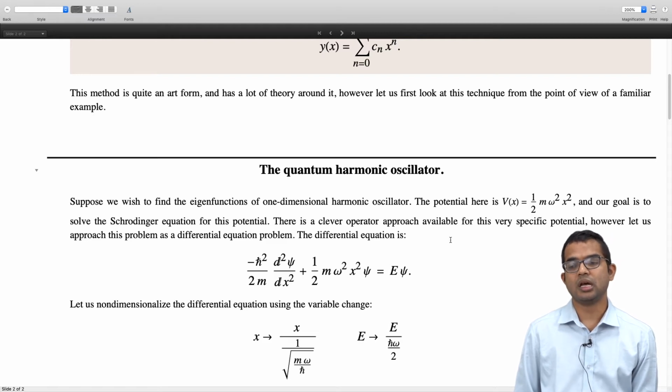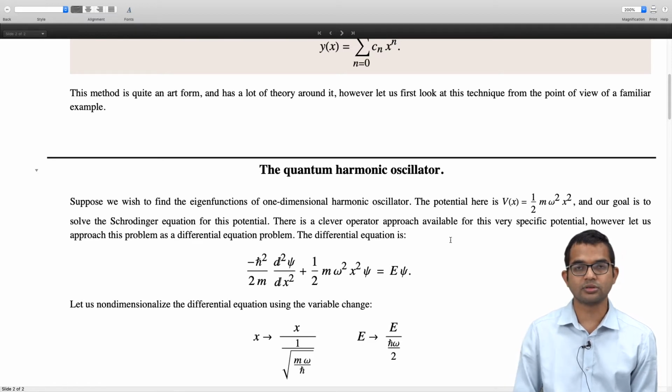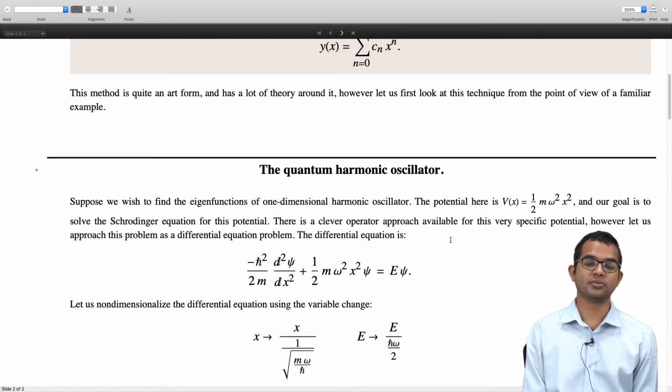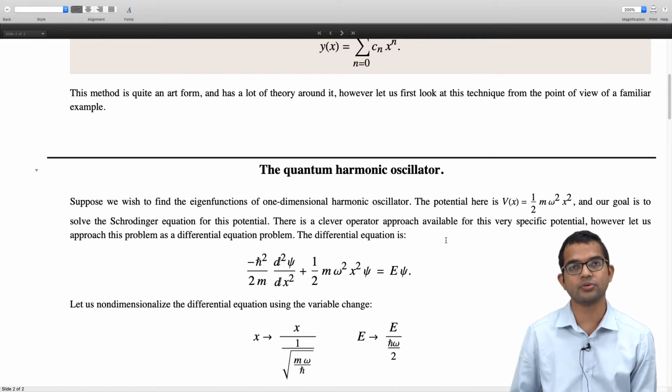Sometimes it may not be exactly of this form x squared, but the idea is that lots of potentials are restoring in nature, and so the simplest approximation for a stable equilibrium setup is to take the quadratic potential, and that's why it is of such great importance to understand this problem. For sure, the classical harmonic oscillator itself, we spent quite some time on from the point of view of differential equations.